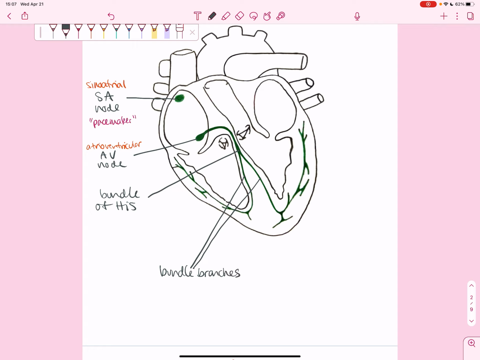And then lastly, we have the Purkinje fibers. That's like here and like here, and on the other side as well over here, but I'll just stick to labeling one side because it's already kind of crowded. Purkinje fibers.